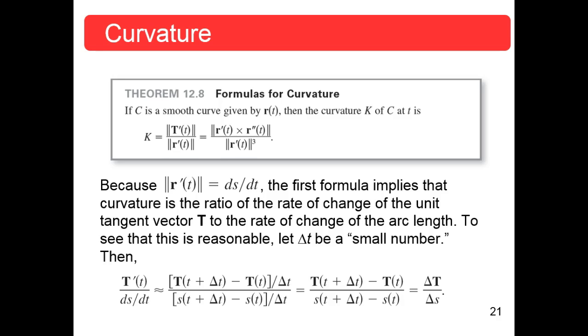Then the curvature K at the point of C, at the parameter value t, is defined as the absolute value of the first derivative of the unit tangent vector divided by the first derivative of the displacement vector.